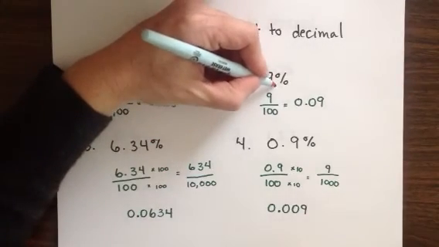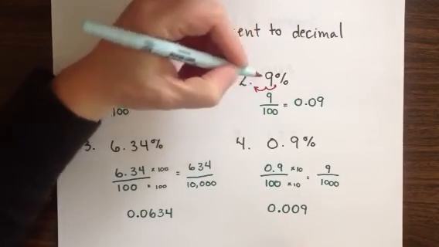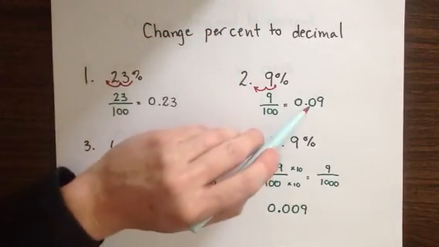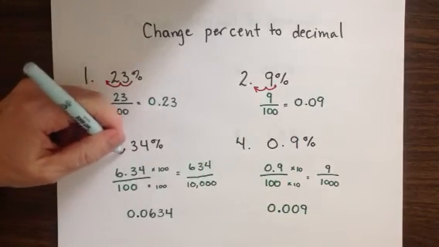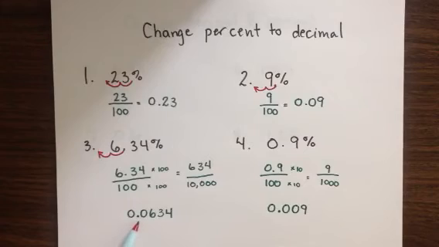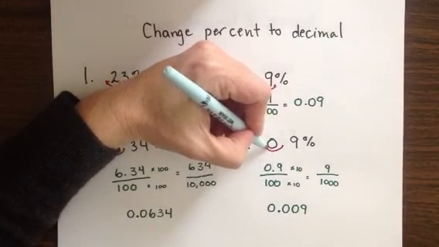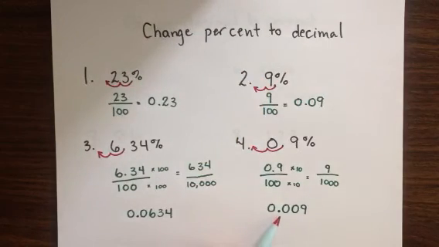Here, the decimal point was at the end. By moving it 2 places to the left, we also get the same answer that we got down here. Moving this decimal point 2 places to the left gives us this answer, and moving this decimal point 2 places to the left gives us this answer.